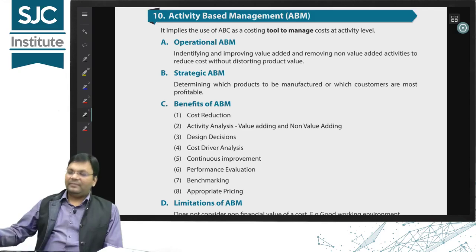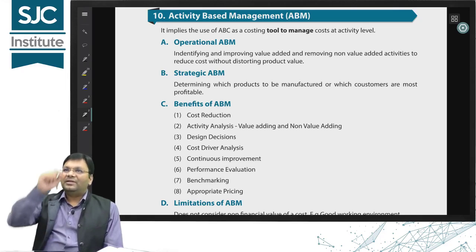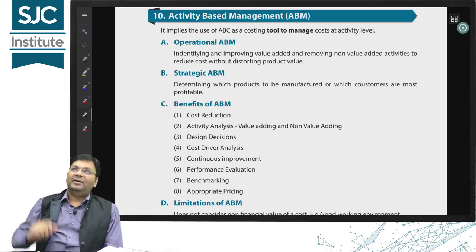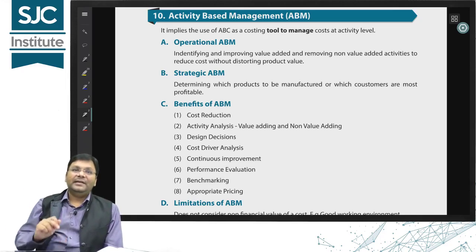So ABM starts from routine activities. First is routine activities. Routine activities means you already have the list of activities in activity based costing reports. So you will study each of the activities and understand what we are actually doing in that activity and see whether we actually need that activity or not.